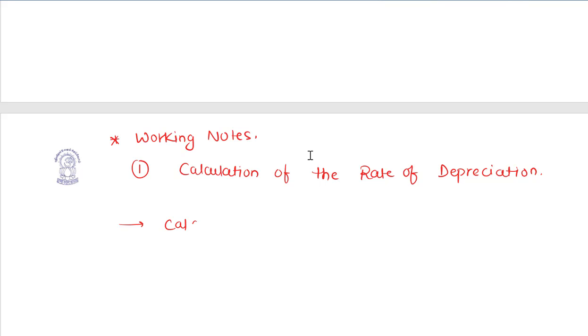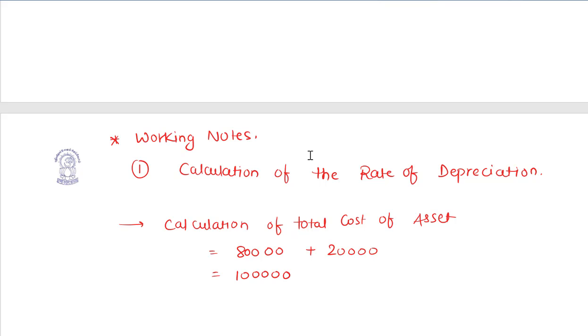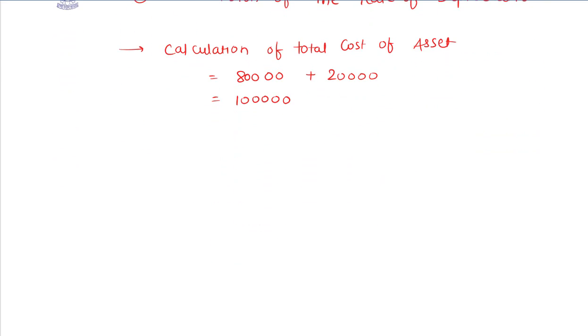First, we will calculate the total cost of asset: 80,000 plus 20,000 equals 1 lakh.